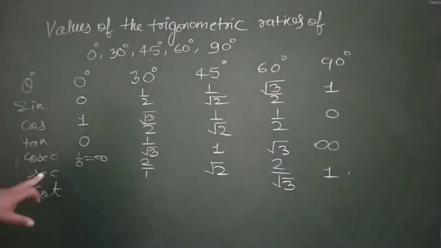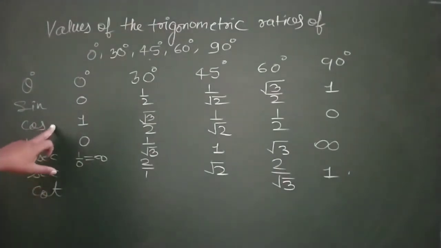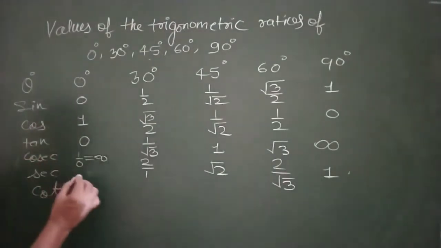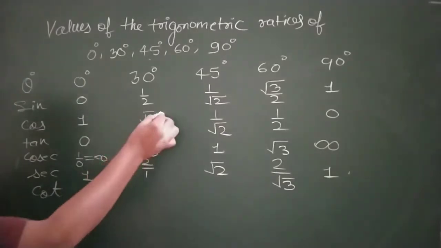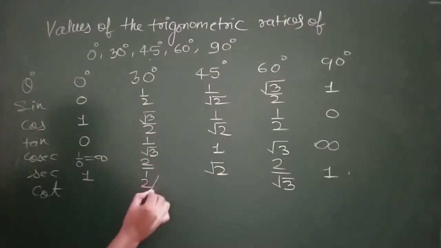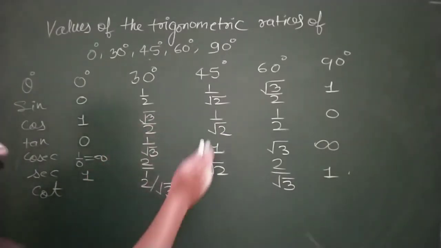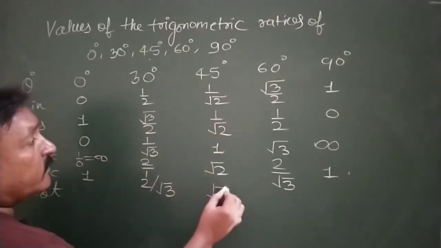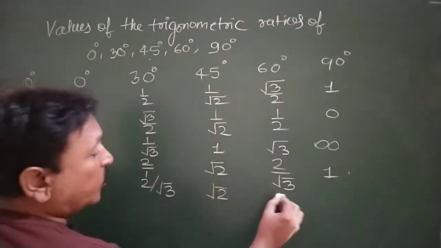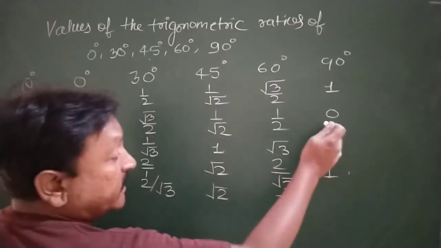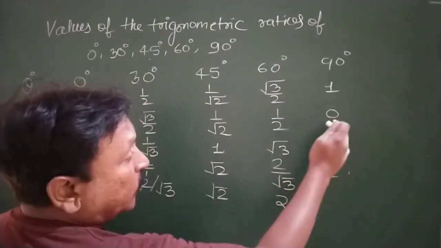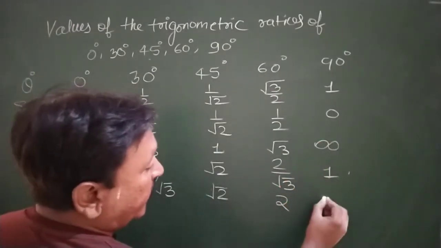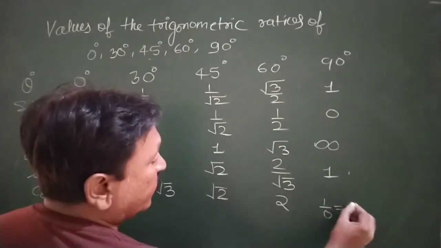In the same way, sec is the reciprocal of the values of cos. 1 reciprocal will be 1. Root 3 upon 2 reciprocal is 2 upon root 3. 1 upon root 2 reciprocal is root 2. 1 upon 2 reciprocal is 2, and 0 upon 1, its reciprocal will be 1 upon 0, means undefined.